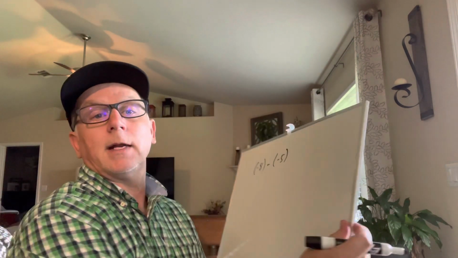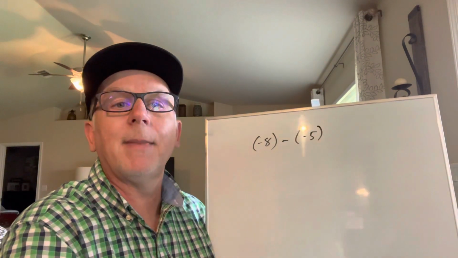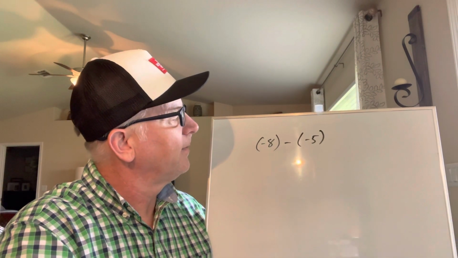So the last thing we need to talk about, though, is how do you subtract integers? So let me draw one up like that. And this one's crazy. There's a lot of negatives here. So negative 8 minus negative 5.